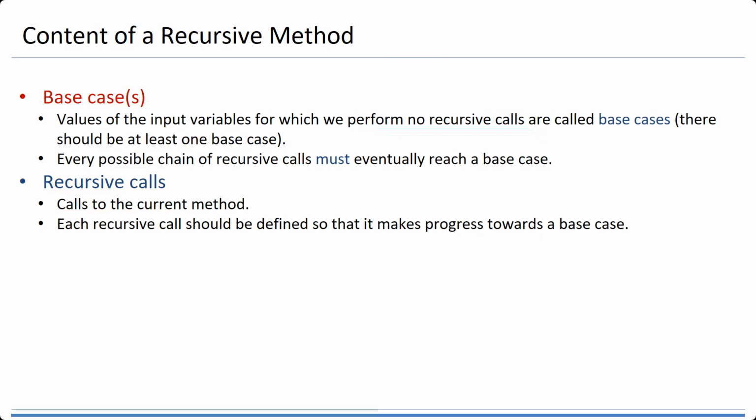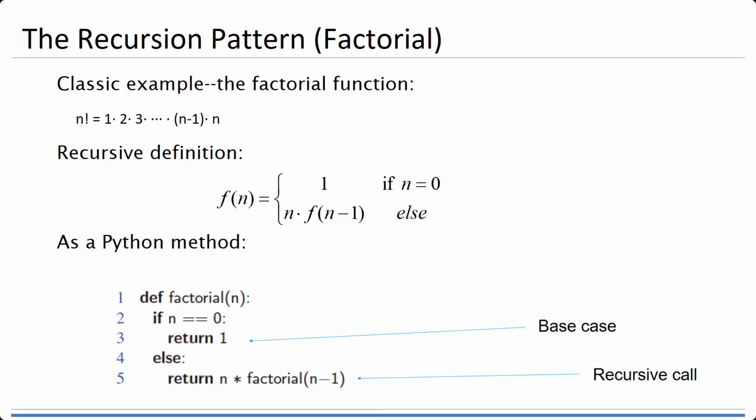Now we can see another example. This is an example about factorial. I'm not sure what the Korean word for factorial is. The classical example of factorial is n with an exclamation sign.